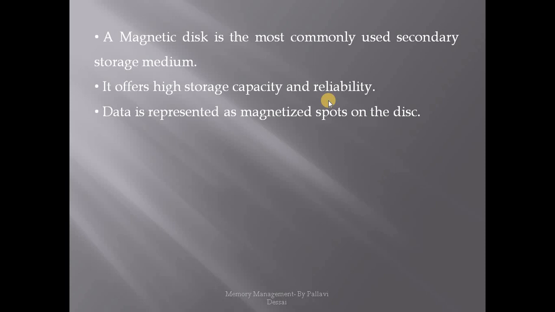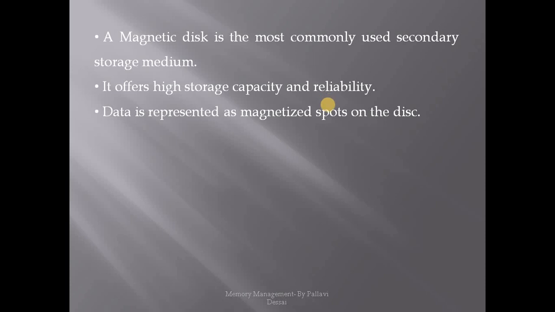Whenever the data stored on the disk needs to be accessed by the CPU, it is first moved to the main memory. So whenever the CPU requires any data, it is first copied to the RAM, that is main memory, and then the required operation is performed.